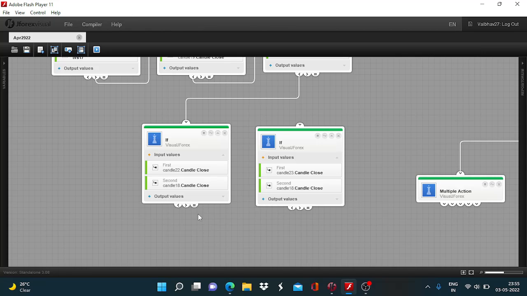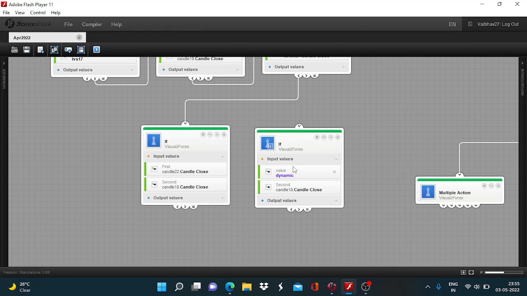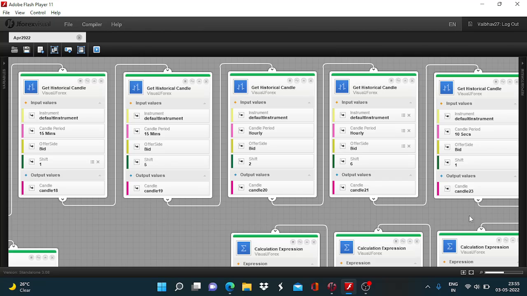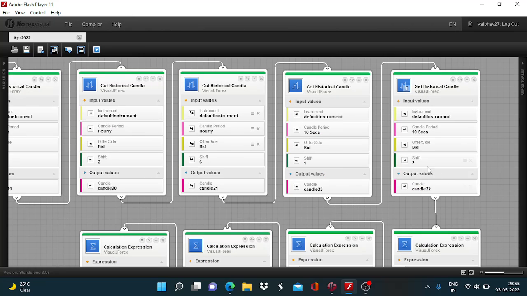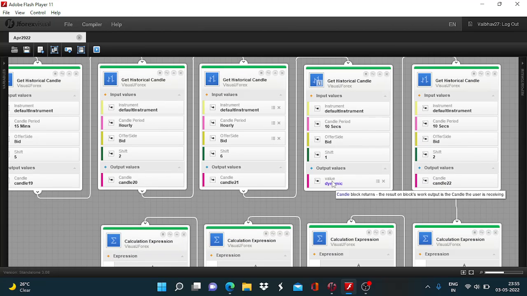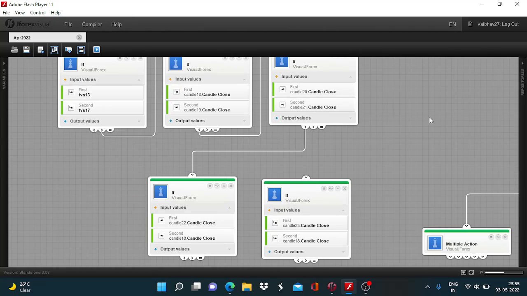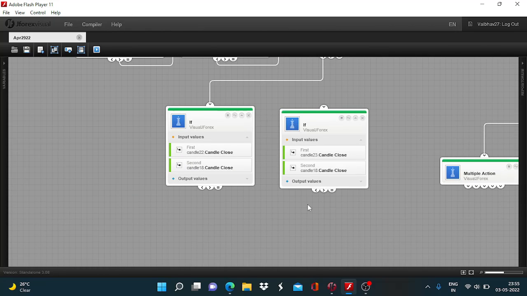So this is candle 22nd is the last, no, not last, actually it is second last. Candle 23rd is actually last. We have look back period of 1 here, while in this block it is look back period of 2. So candle 23rd needs to have been higher and candle 22nd needs to have been lower.